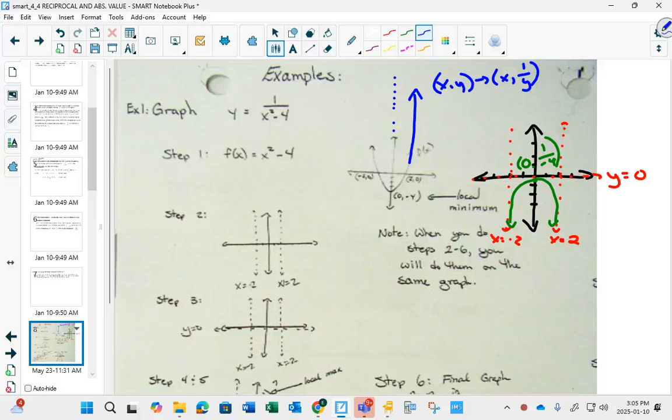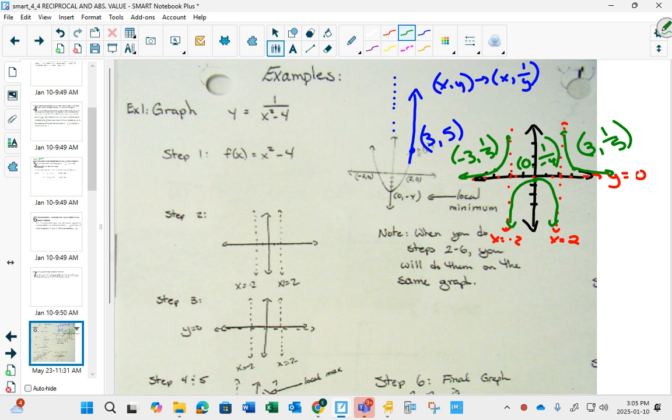I could take a point on my blue graph, say, if I plugged in 3, I would get 3, 5. Then I'll have the point 3, 1 over 5. And that's enough in this section to go towards the asymptote. Similarly, you're going to have -3, 1 over 5. And your graph is done.